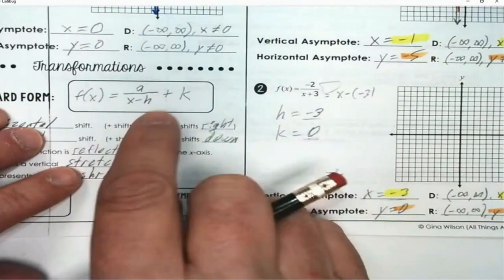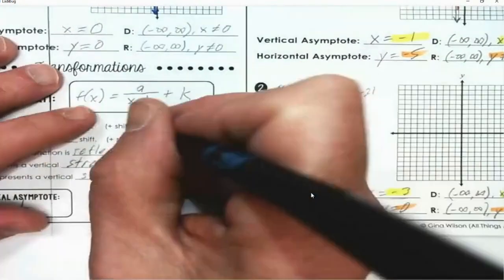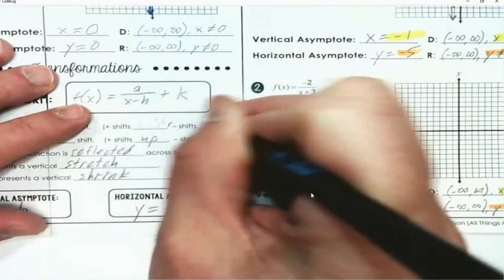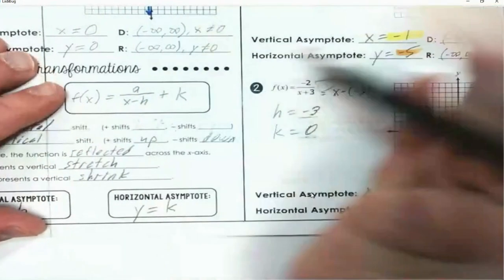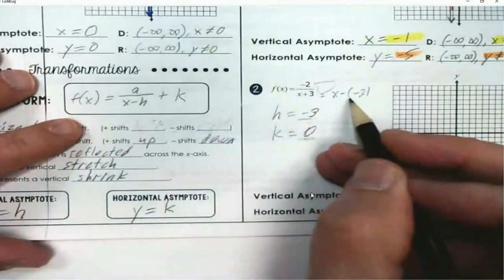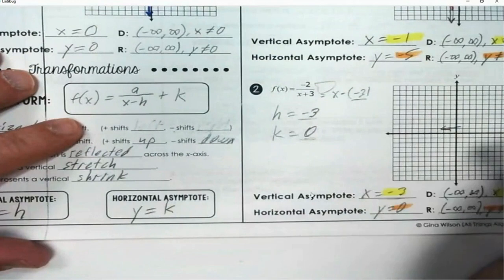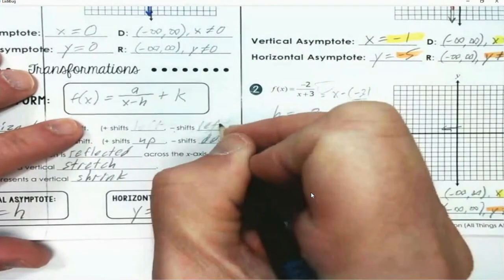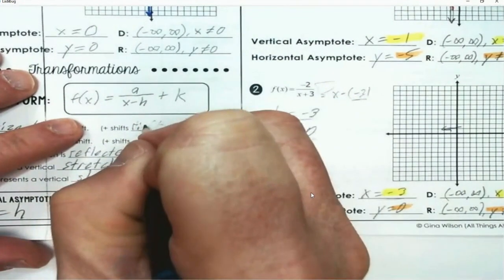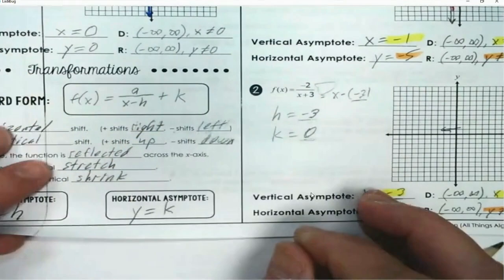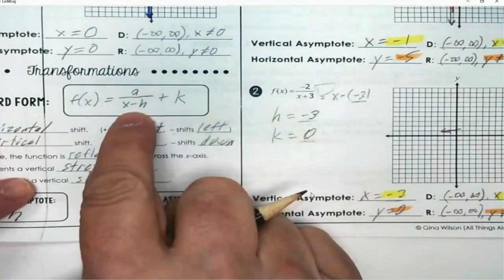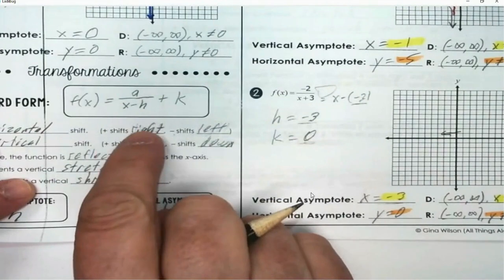We've got these backwards. I was thinking of the x minus. It was minus, it shifts right. Let's fix these, guys. Fix our notes. Because this is a negative H and it shifted left. When we see a negative here, it shifts right because that means H is positive.